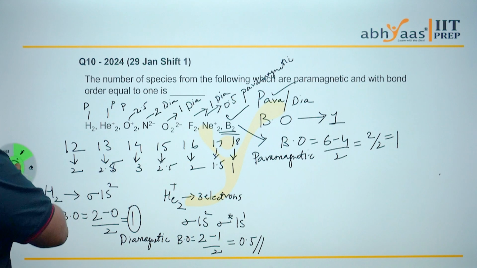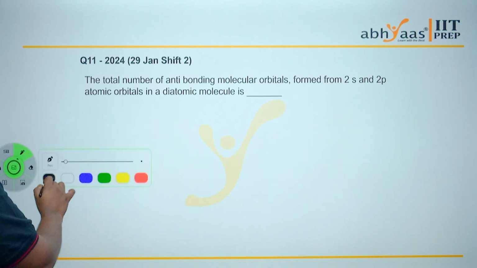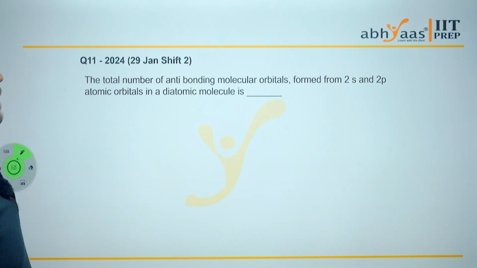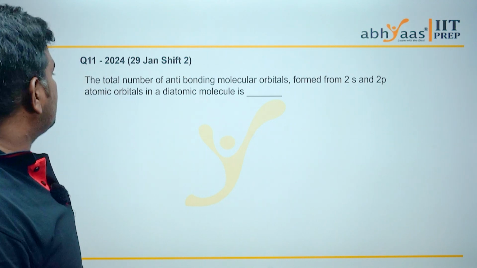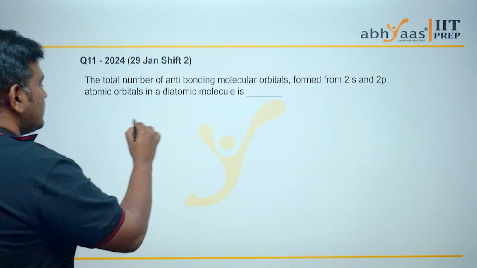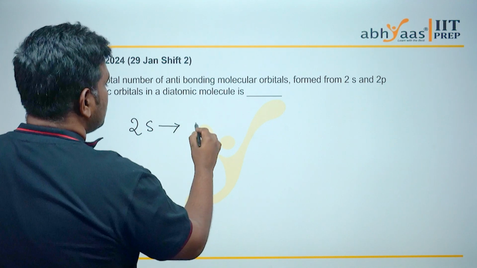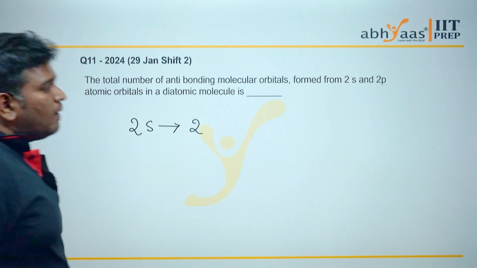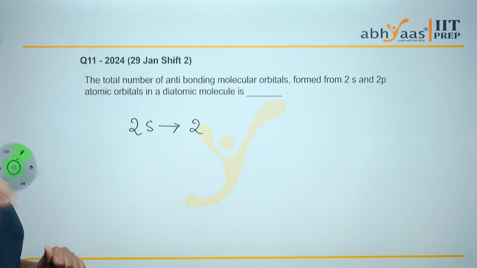Now we will move to the next question. The total number of antibonding molecular orbitals formed from 2s and 2p atomic orbitals in a diatomic molecule is. If you take 2s, we will have 1 bonding and 1 antibonding orbital, that means we have 2.